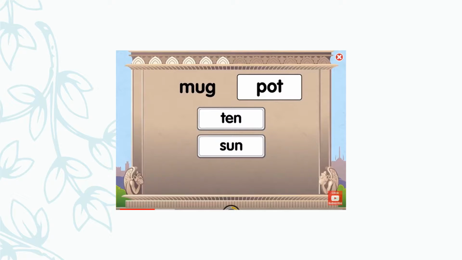So the category is kitchen, and they have to find things that would go in a kitchen, I guess. So the app gives them the word mug, and they choose a word from the list. And this student chose the word pot because that would be the most likely to fit in the category kitchen.